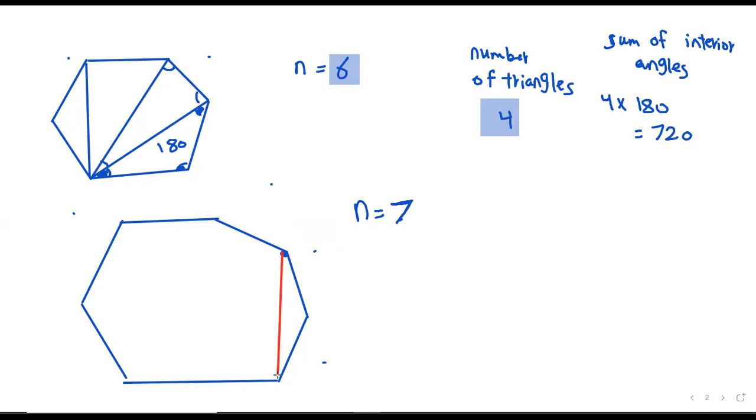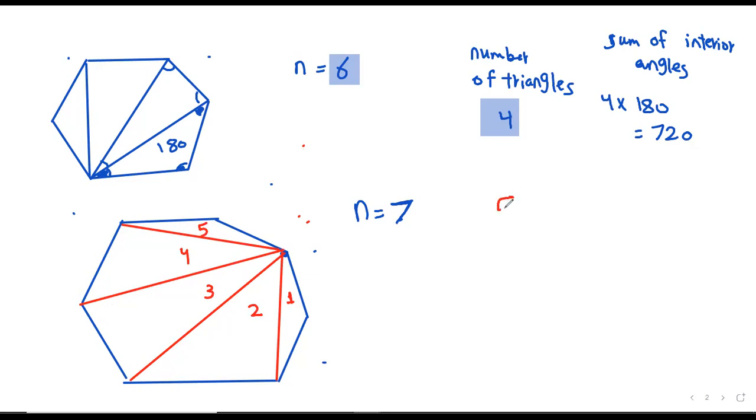So count with me. 1 triangle, 2, 3, 4, 5. We have 5 triangles. So the number of sides is 7 and the number of triangles is 5.